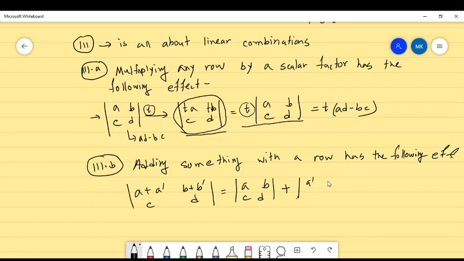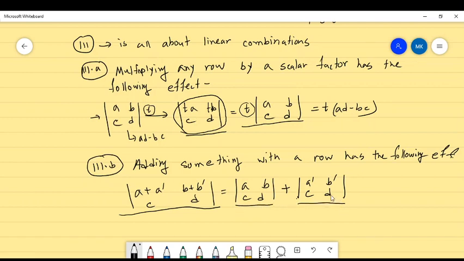So A prime, B prime, C, D. The determinant of this thing would be equal to the determinant of A, B, C, D plus the determinant of A prime, B prime, C, D.